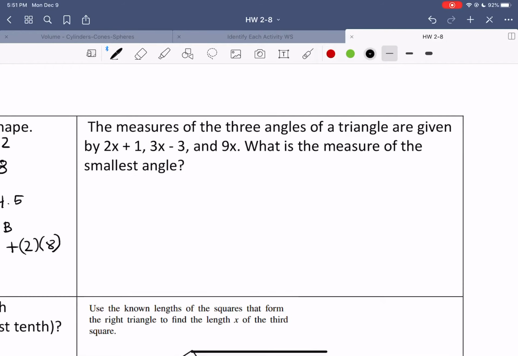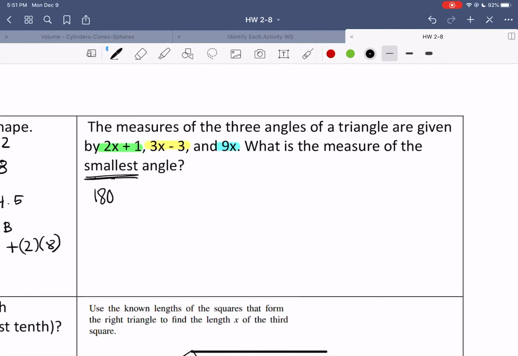All right, here we go. We have a triangle, and we're given 3 different angles. We're given 2x plus 1, 3x minus 3, and 9x. We're looking for the measure of the smallest angle. When you have 3 angles of a triangle, we're going to set them equal to 180 degrees.